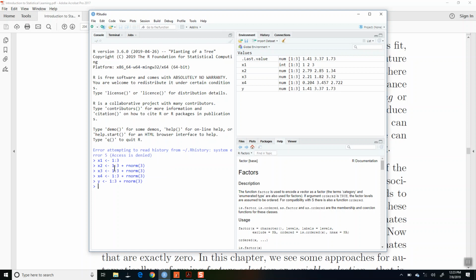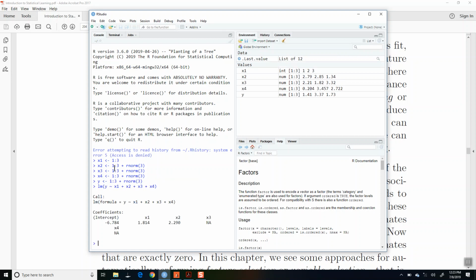So now we just have a bunch of noise. And if I try to do lm of Y explained by x1 plus x2 plus x3 plus x4, oh, it still did it.